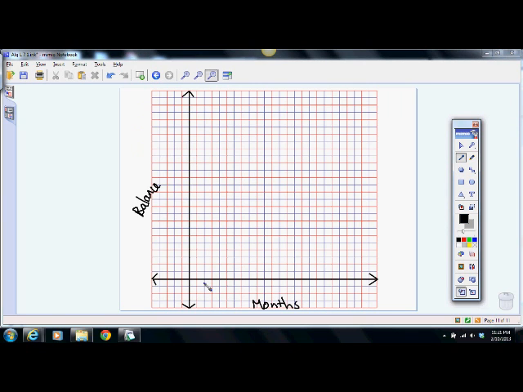Months is pretty self-explanatory, but I might skip one line just to make the table look a little bit neater. So like this is 1 month, 2 months, 3 months, 4, 5, 6, 7, 8, 9, 10, hopefully this is enough room, 11, and 12.